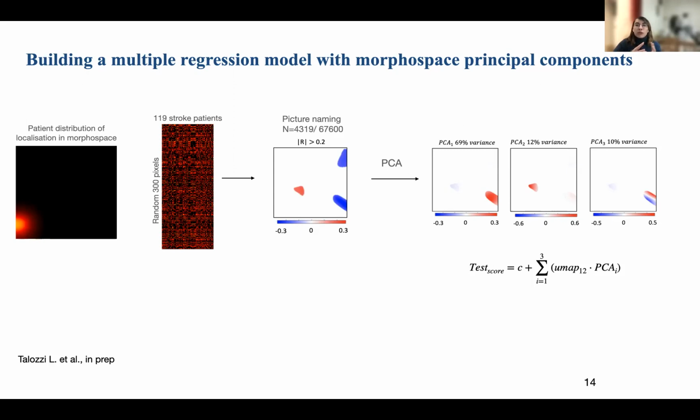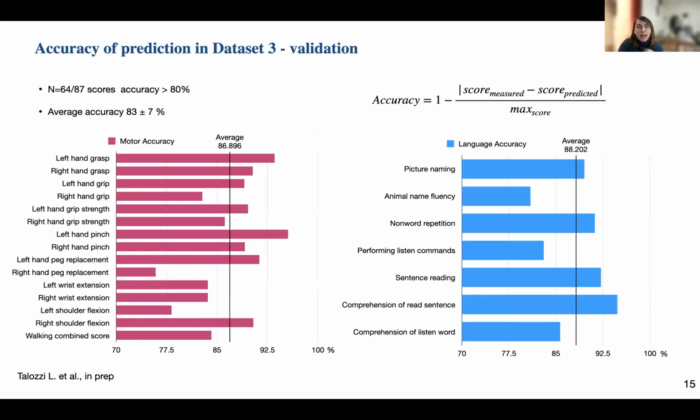So this is a different step of abstraction, modeling the disconnectome patterns to then create a formula where new patients can be imported and used to predict neuropsychological scores.